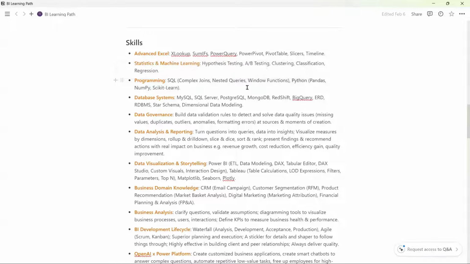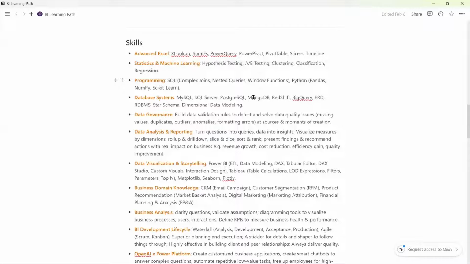And I put SQL before Python because for DA and BI career paths, SQL takes higher priority because you spend most of your time working with internal structured data. And SQL or SQL database is what most companies use to organize the internal data.